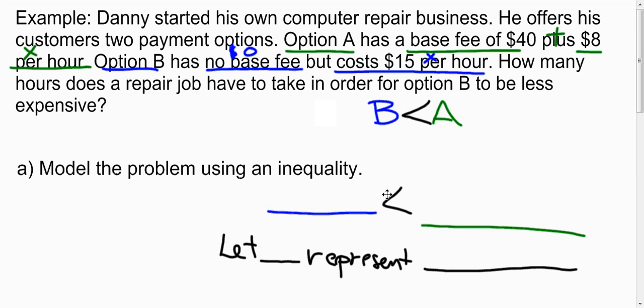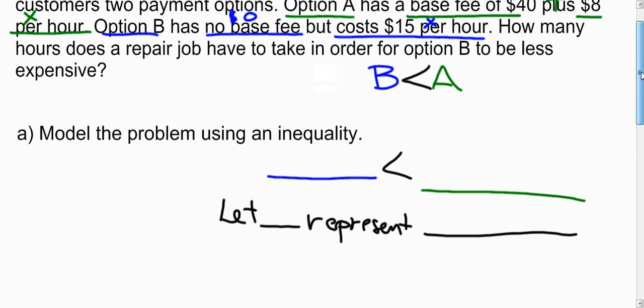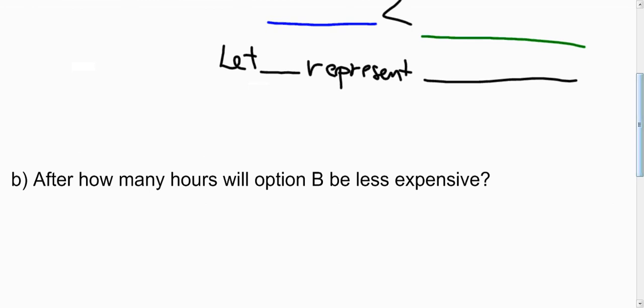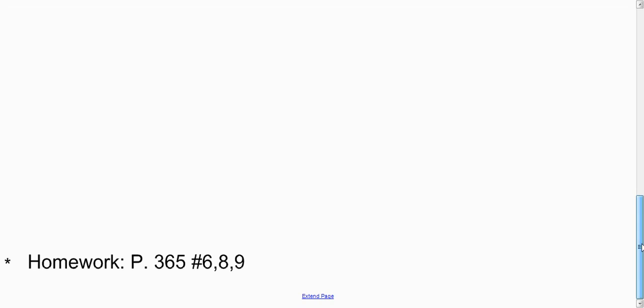Okay. So hopefully that helps you set up this question. So then it says, after how many hours will option B be less expensive? Make sure you show proof for that choice. And then that's it. And then you have some practice questions. So tomorrow's class, you're going to have a lot of time to work once you're done those 2 questions together in your groups that I have made for you.